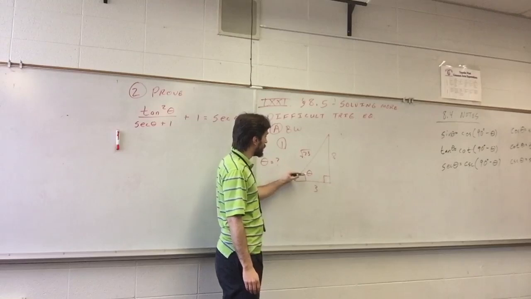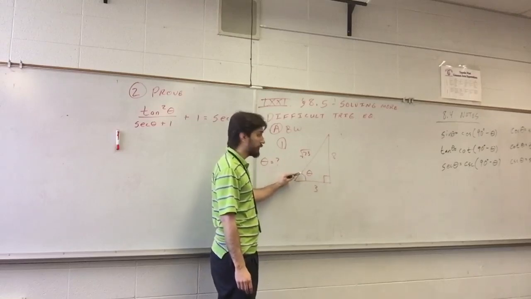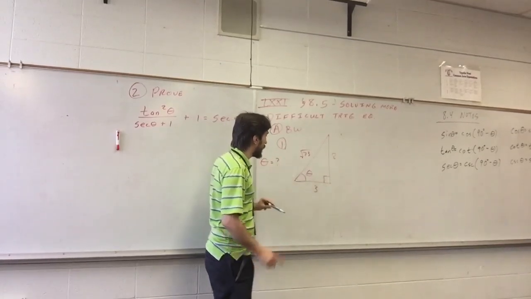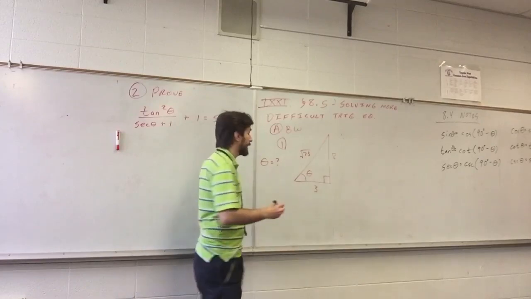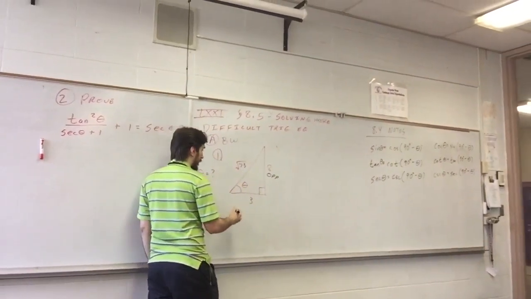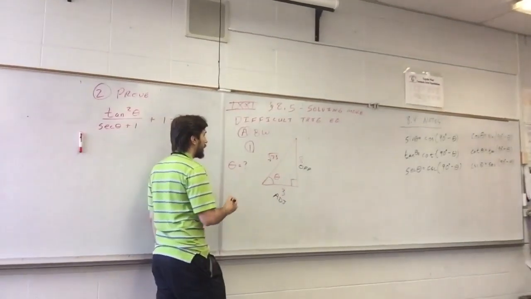I think what we have to do then is use trigonometry to find this, and the first thing you want to do is label the sides. So which side is opposite our angle theta? 8. Which one is the adjacent? And then which one is our hypotenuse?